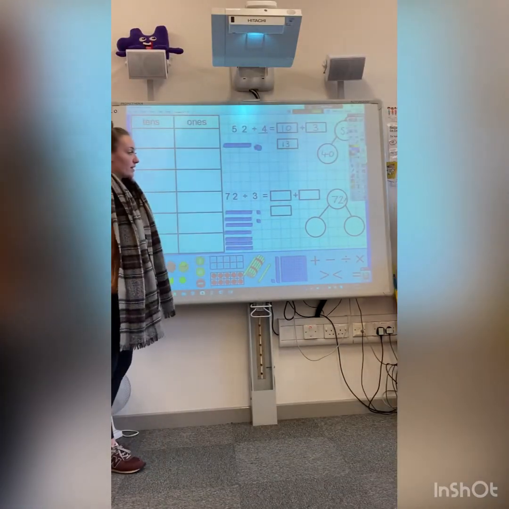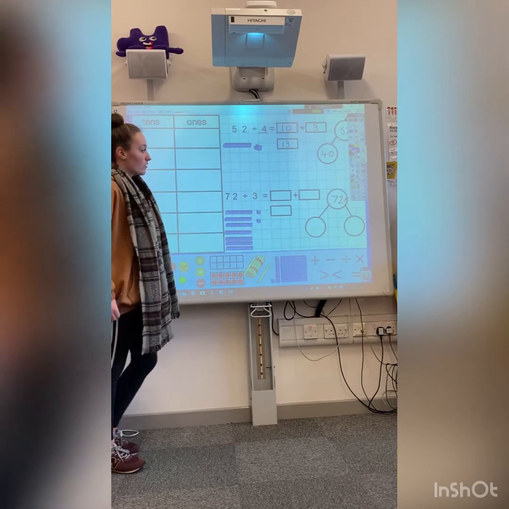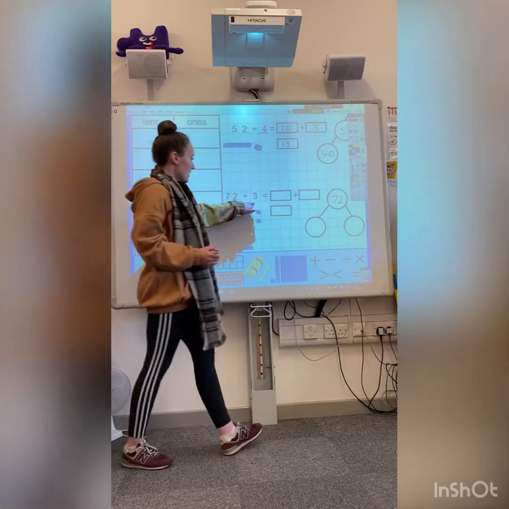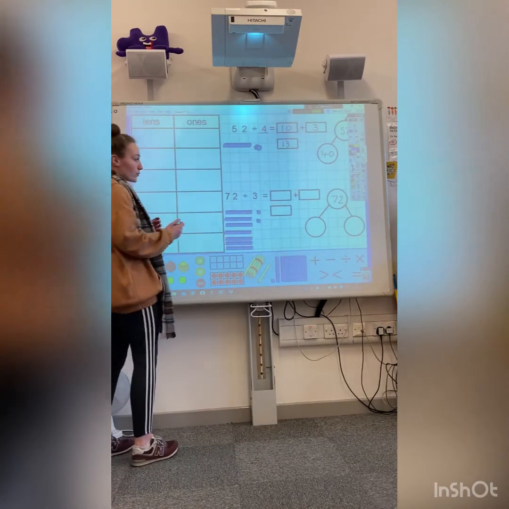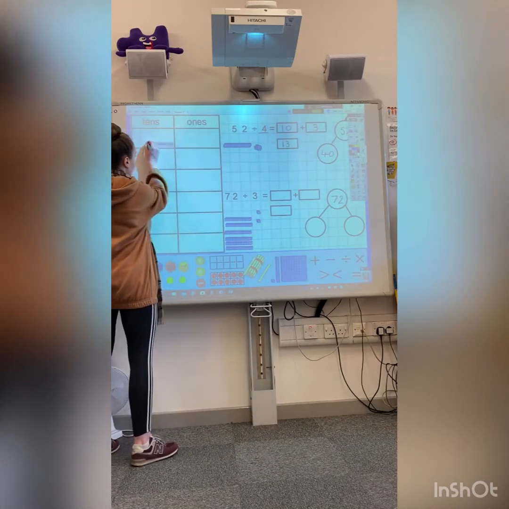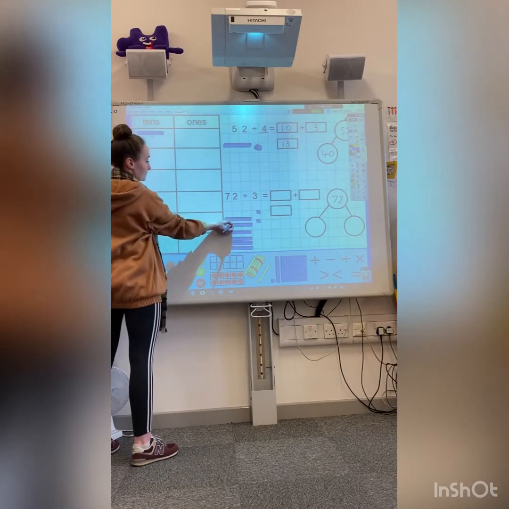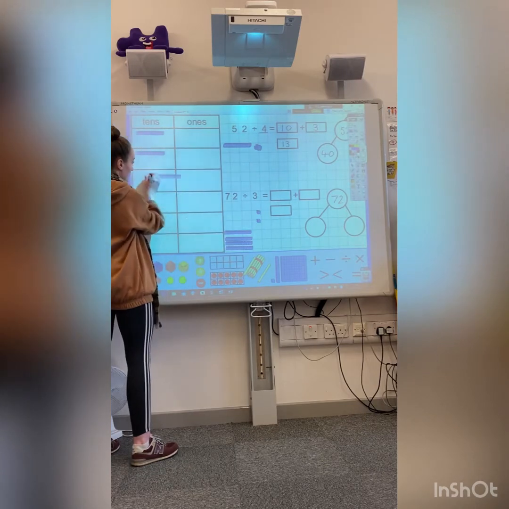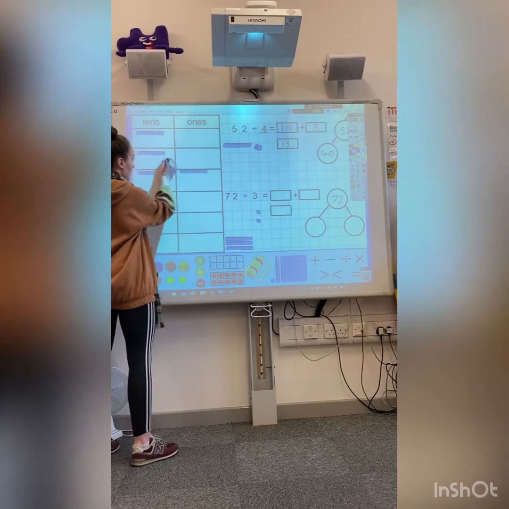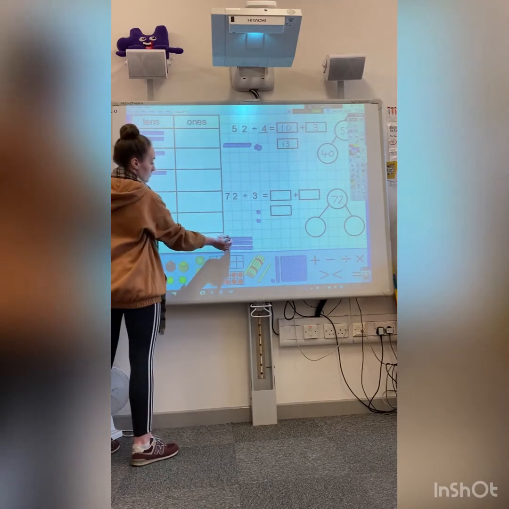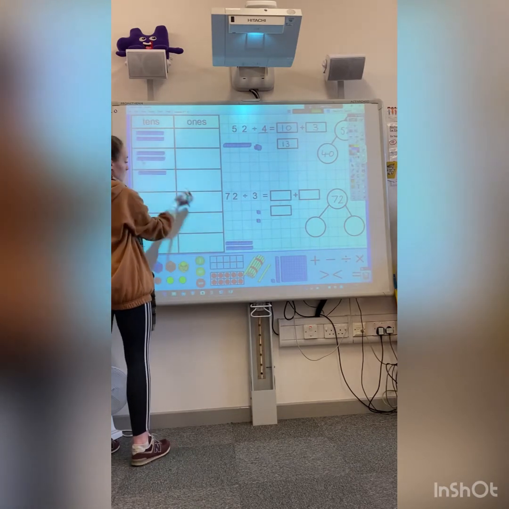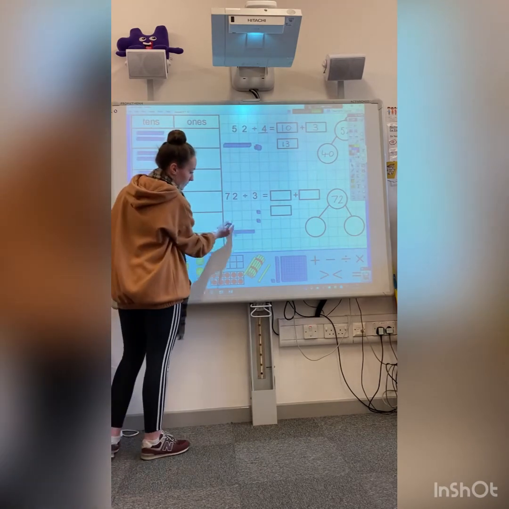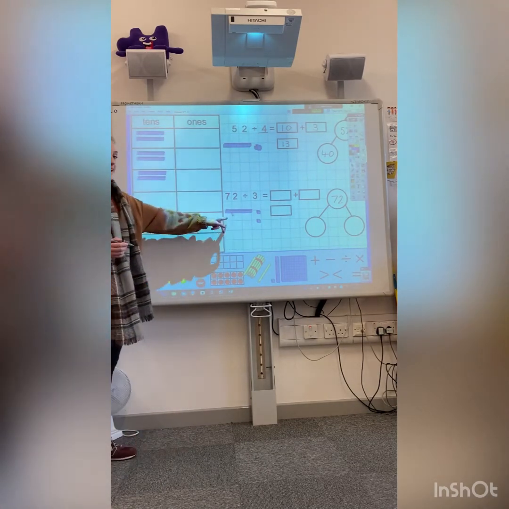72 divided by 3. So I've put 72 at the top of my part whole model, and because I'm dividing by 3, I'm going to share that into 3 groups. And again, I'm left with 1 ten, but I can't put that equally into 3 groups.